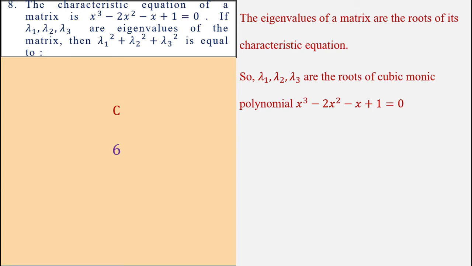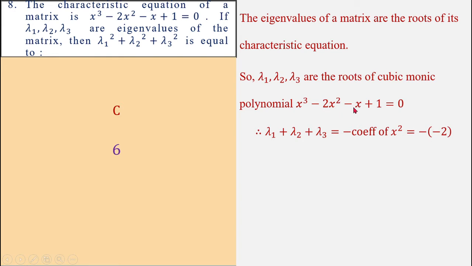So we get the sum of the roots is equal to minus the coefficient of x raised to n minus 1. So lambda 1 plus lambda 2 plus lambda 3 is equal to minus the coefficient of x square, that means minus of minus 2, that is plus 2.